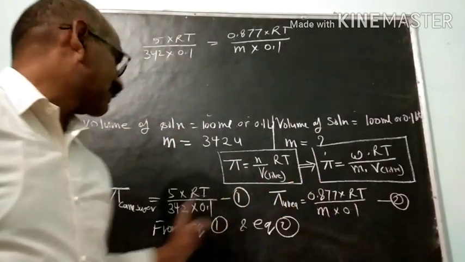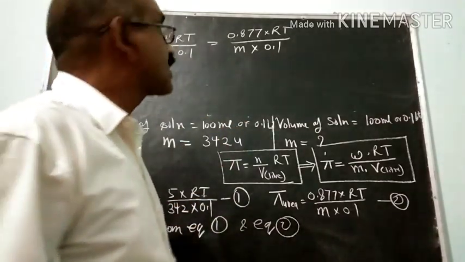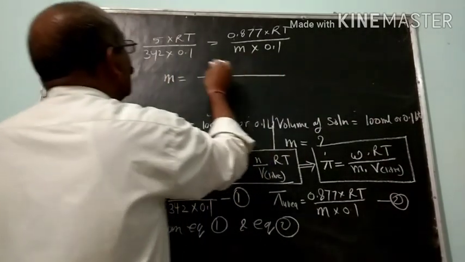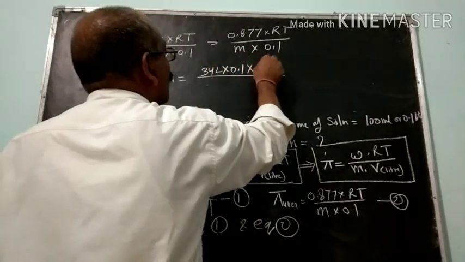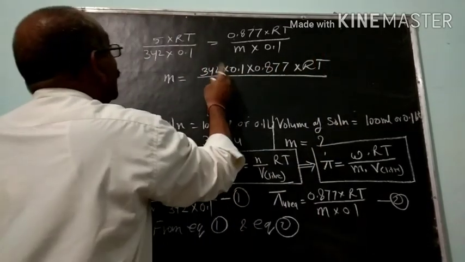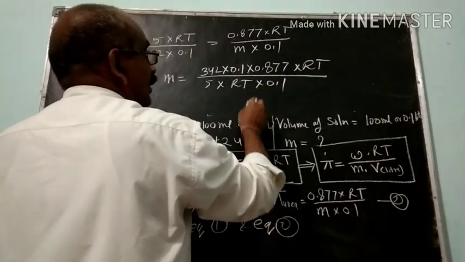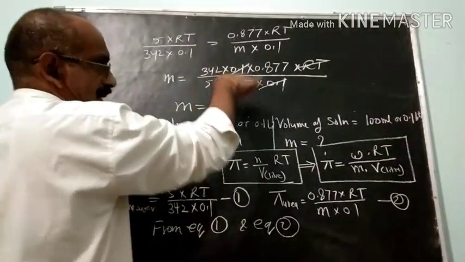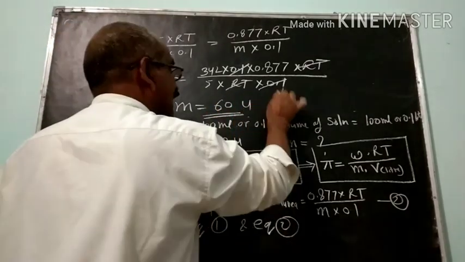These two osmotic pressures are the same because the two solutions are isotonic. Therefore M equals 342 into 0.1 into 0.877 into RT over 5 into RT into 0.1. Now you can calculate: the molecular mass comes approximately equal to 60. This is your answer.